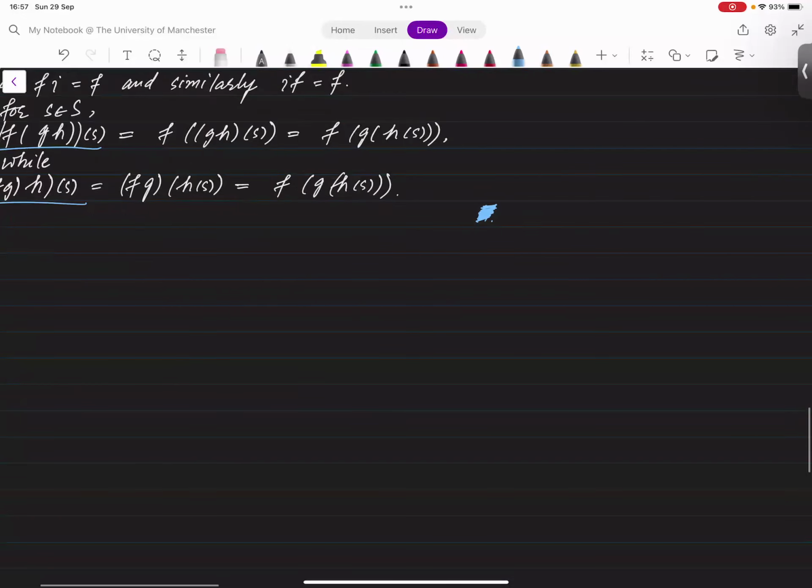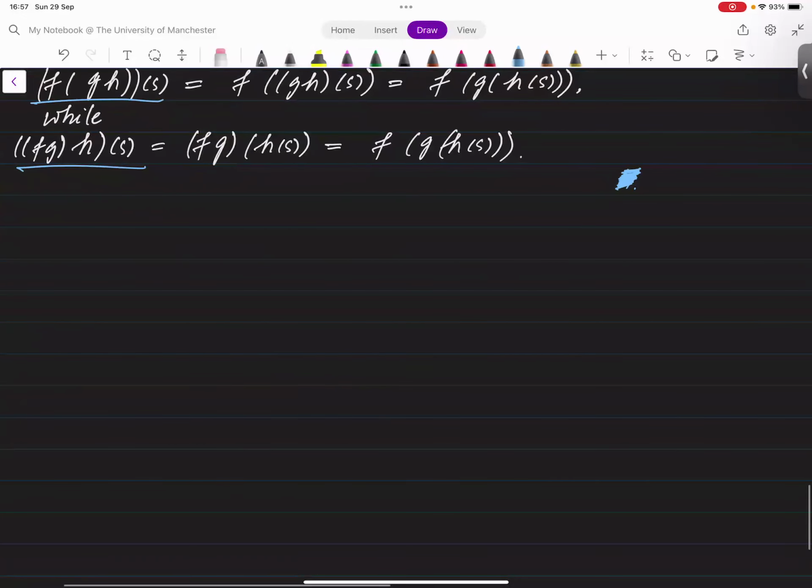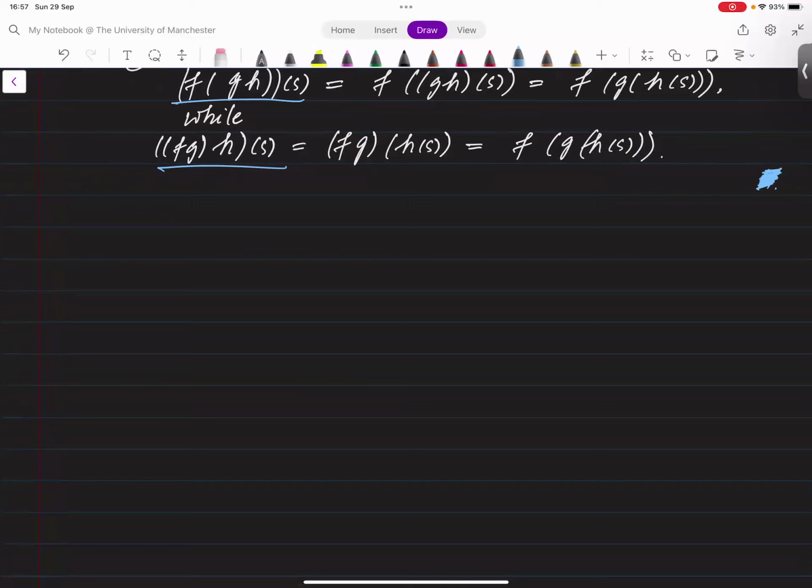Now we are going to talk about how we define the permutations in a different notation, and we use the cycle notation for that. So the topic is going to be cycle notation.